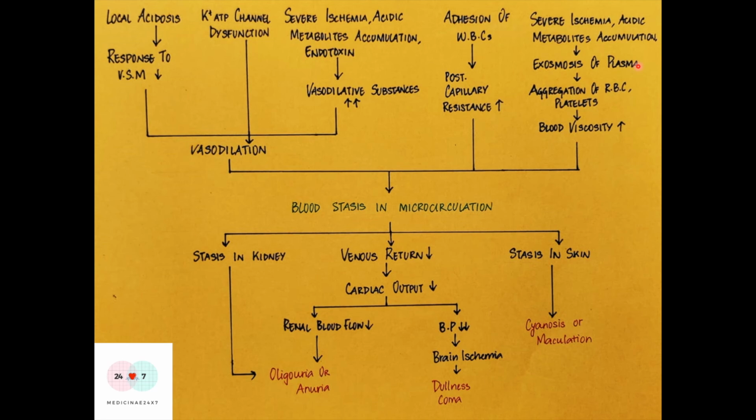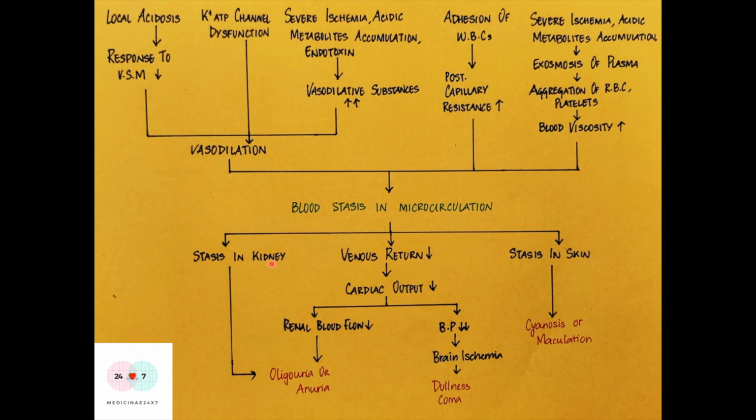Hence, there is exosmosis of plasma and the blood viscosity increases, exaggerating the aggregation of platelets and RBCs. The increase in post-capillary or venular resistance, vasodilation, and blood viscosity leads to blood stasis in microcirculation.